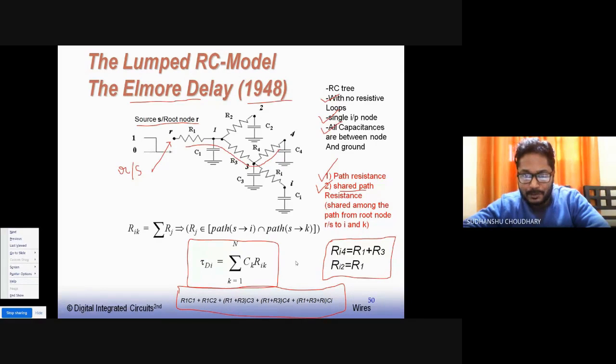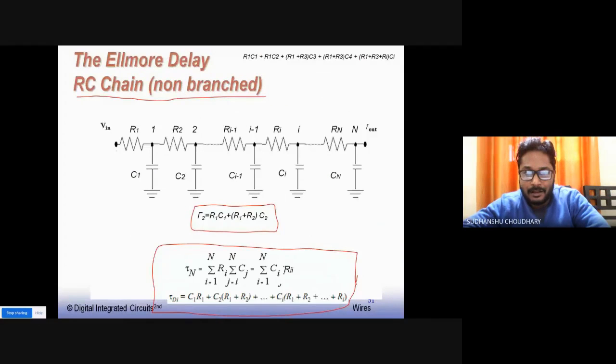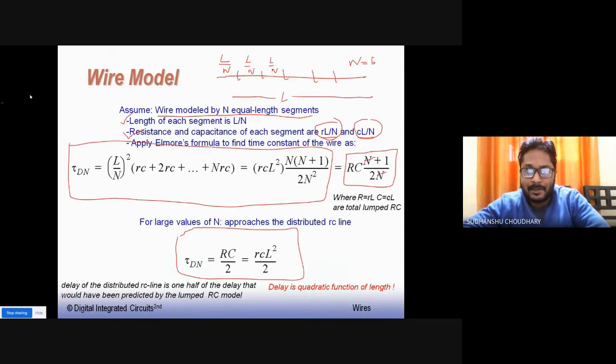So once you put all these things in this formula and say that the length of each segment is equal, and the resistances of each segment are also equal, then they will automatically come, RC2, RC3, RC, and nRC. So they will automatically come, right?